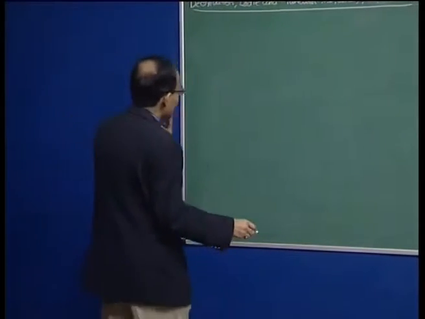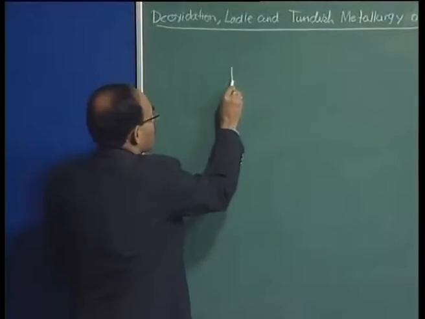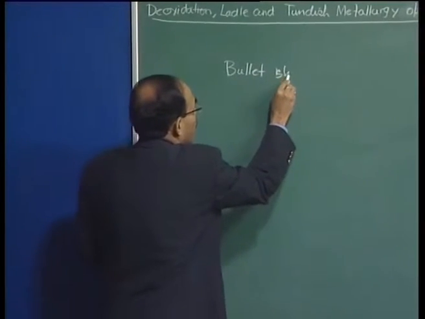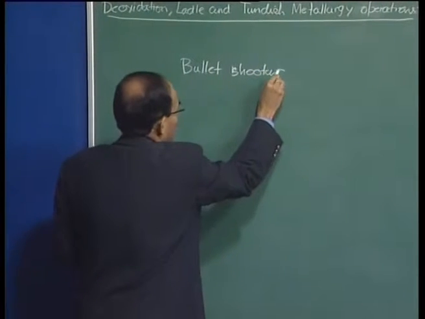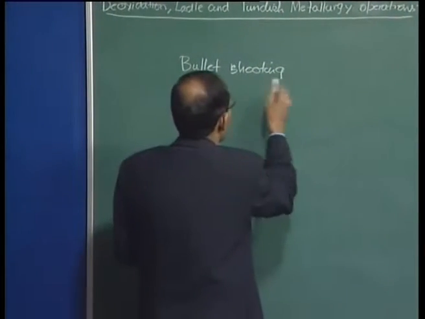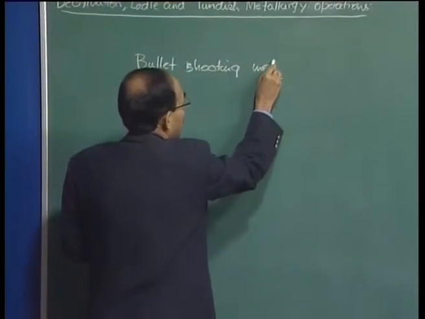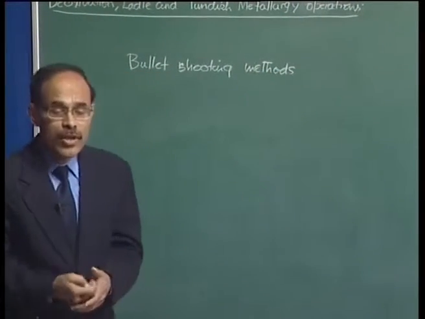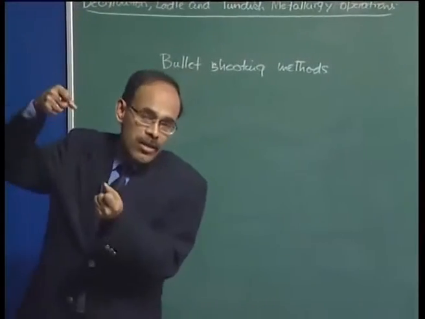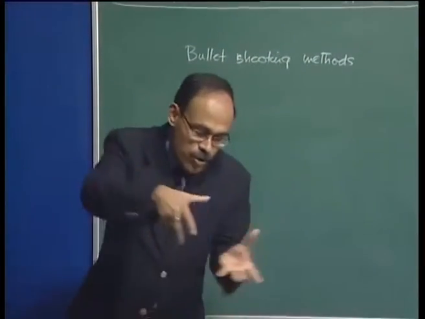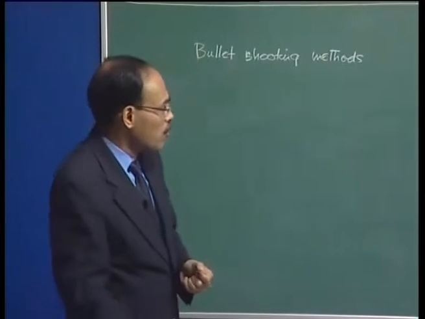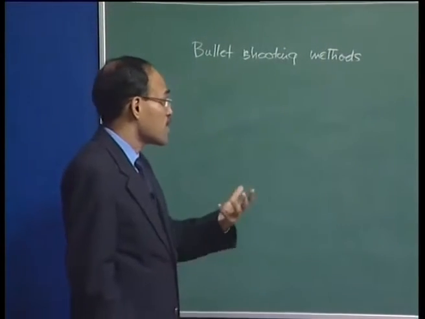And earlier, many years back, people used to introduce a method, the bullet shooting method, which of course is obsolete now. There are better methods I am going to tell you. Basically, you have a big gun through which huge aluminum bullets, of cylindrical conical shape, are injected or pumped into the molten steel.